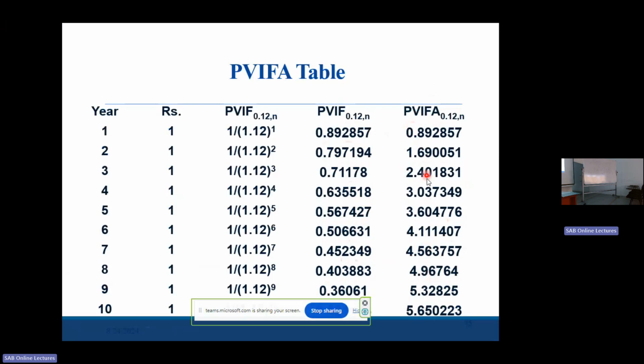So you can see, as time increases, in the single cash flow the present value is discounted because the process is discounting. In the annuity factor, the present value is increasing because you are depositing annually.